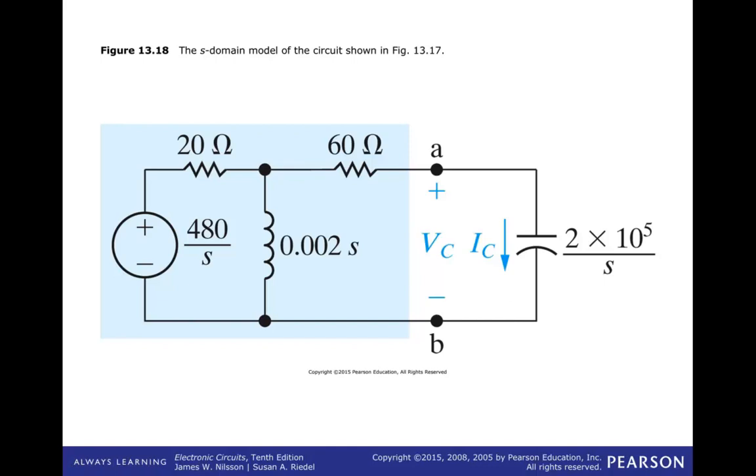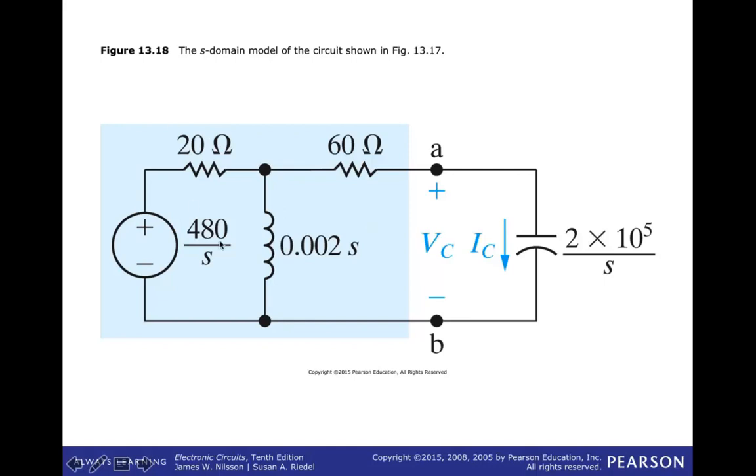He's going to do that by determining the open circuit voltage and the equivalent impedance when looking into the source direction. I will talk you through that verbally. Basically, to find the open circuit voltage, you want the voltage across this impedance, and that can be done by creating a voltage divider. So you take the voltage source, 480 over s, times this impedance, 0.002s, over the sum of this impedance and 20 ohms.